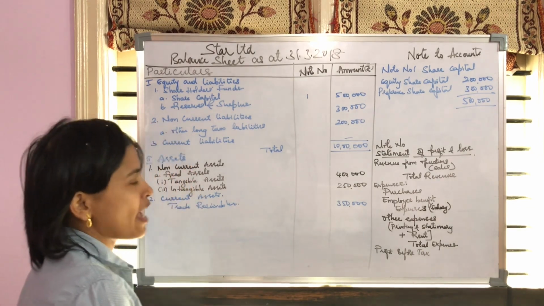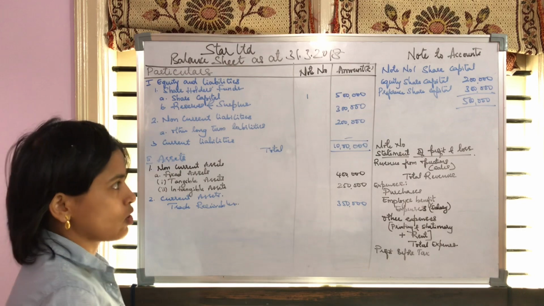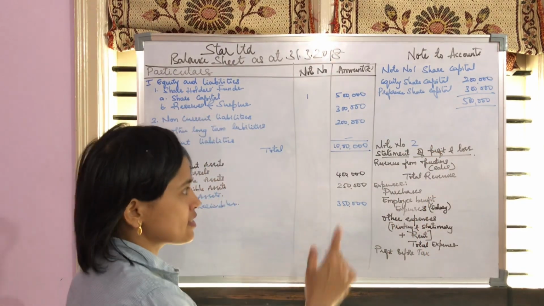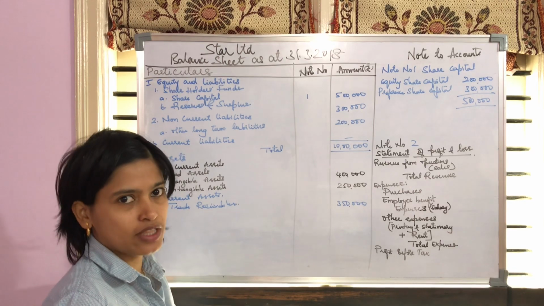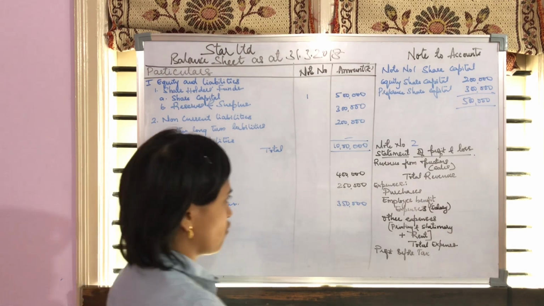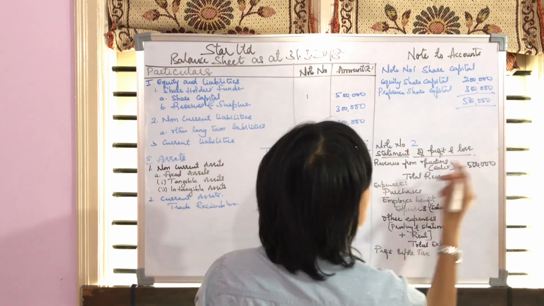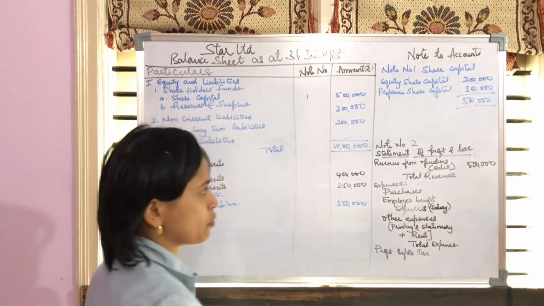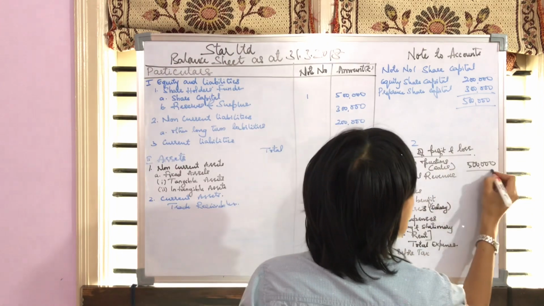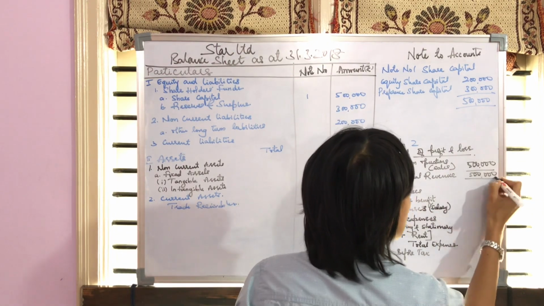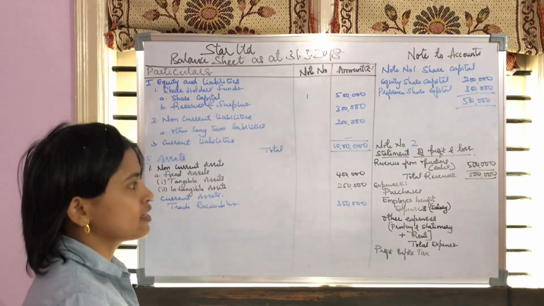We will call this as statement of profit and loss. Mention it as note number 2. Sales information is being given in the trial balance, that is 5 lakh rupees. Sales is considered as revenue from operation. Therefore, let's take up the total, which is 5 lakh.